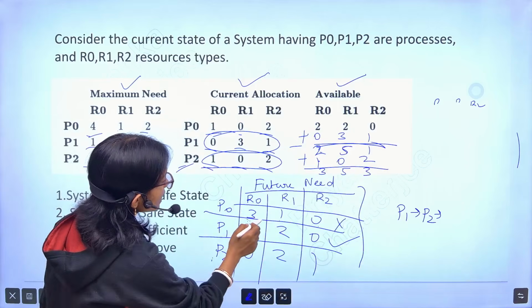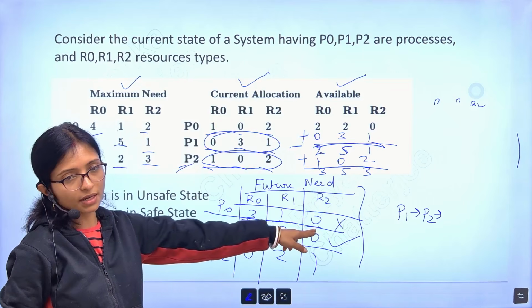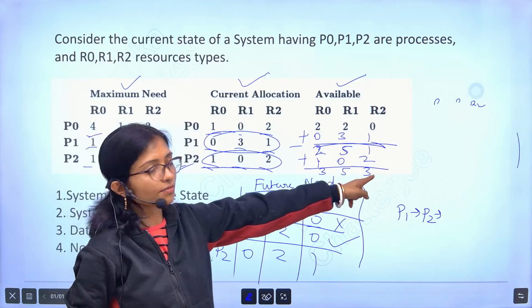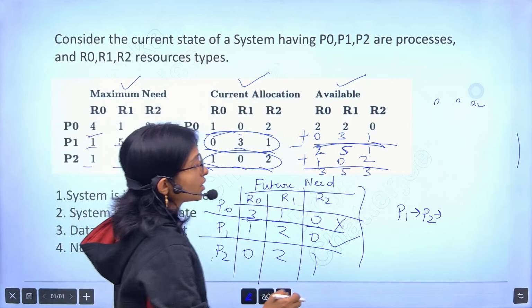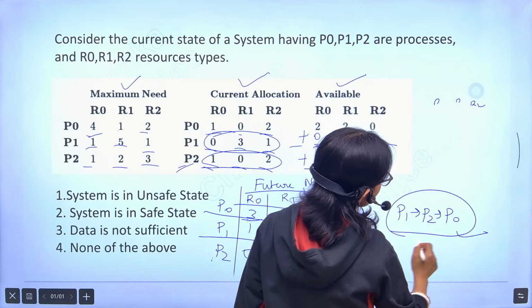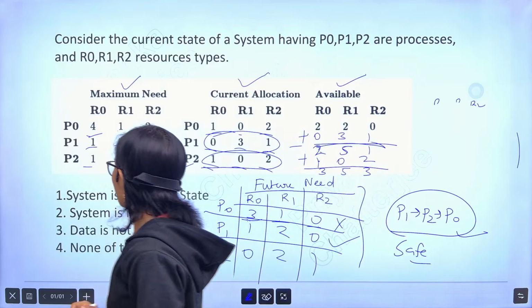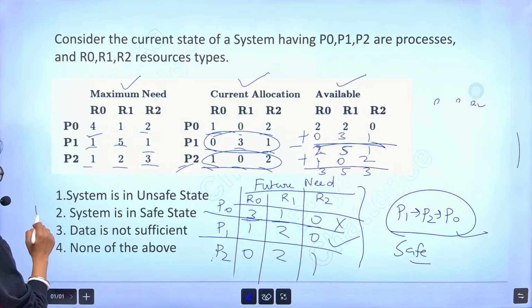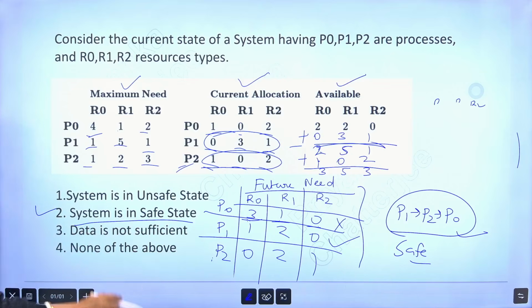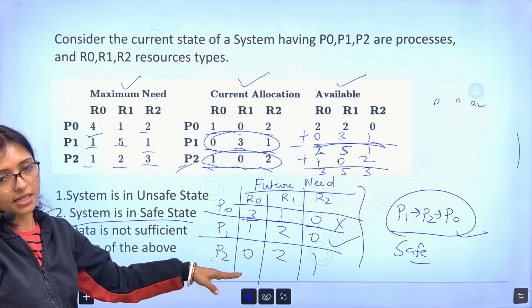Now with this I can run P0 because 3, 1, 0 is my requirement. I have 3, 5, 3. I can run. So now P0 can run. So now the system is safe. So that's why your answer is system is in safe state. Got it? Now clear to everyone how we are solving Banker's algorithm.